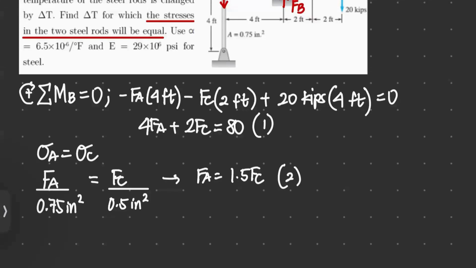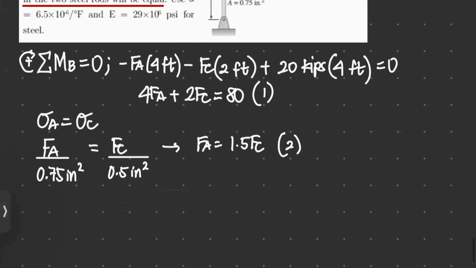So now we can input 1.5 FC for FA here. 4 times 1.5 is 6. So we'll get 6 FC plus 2 FC is equal to 80.